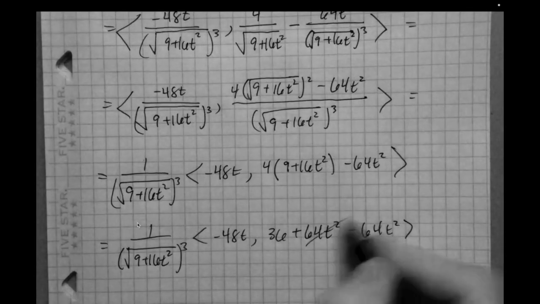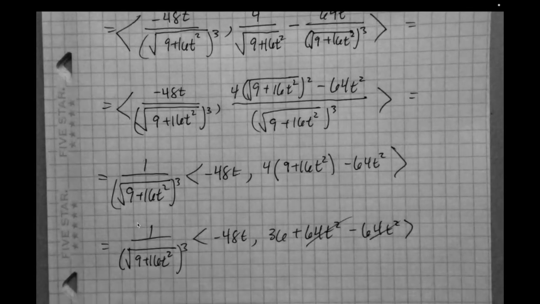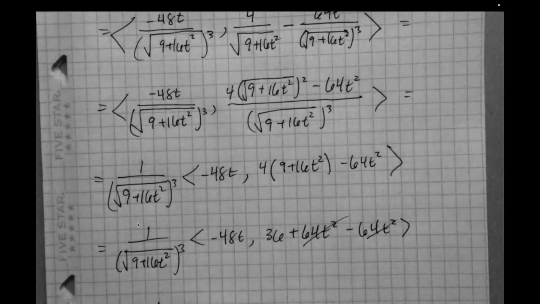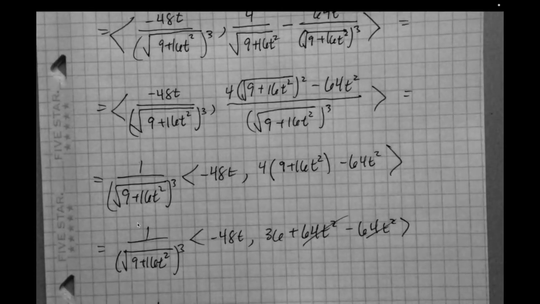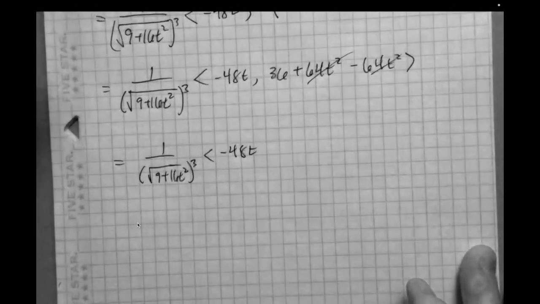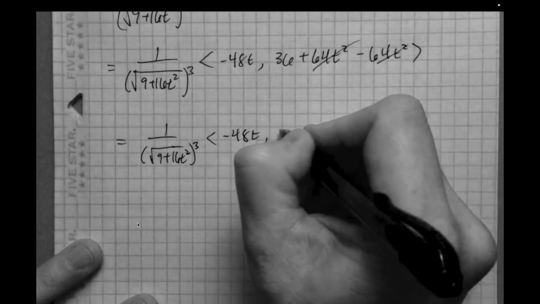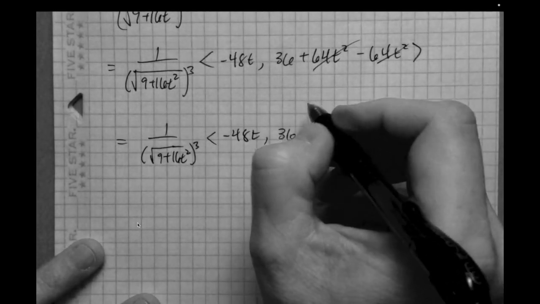Okay, so those two will drop out, and we're very close now. 1 over square root of 9 plus 16t squared, quantity cubed, and then it's negative 48t, apologies, negative 48t, comma, 36.